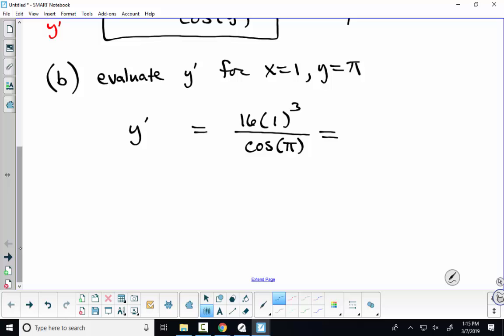What's cosine of pi? Negative 1. So negative 16.